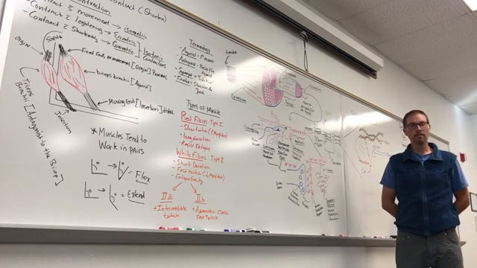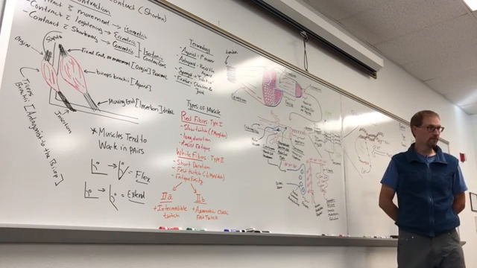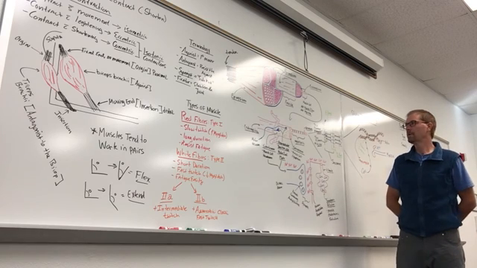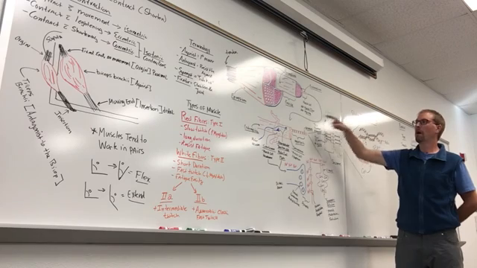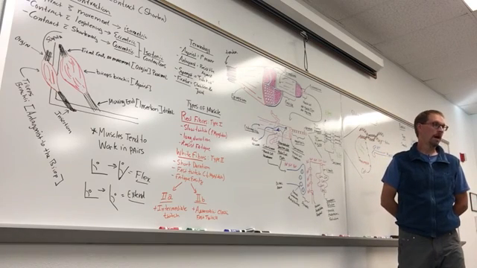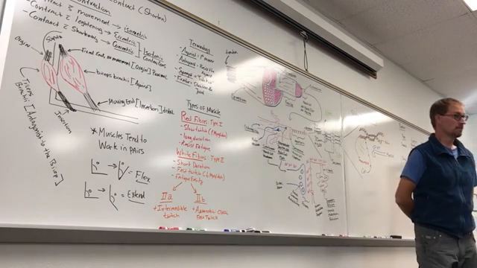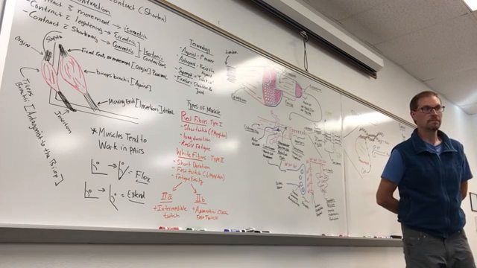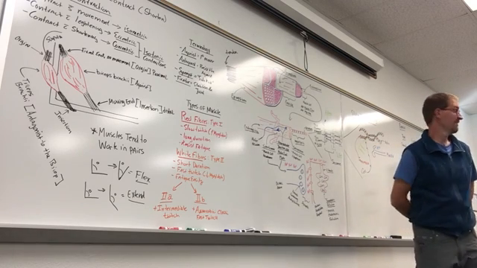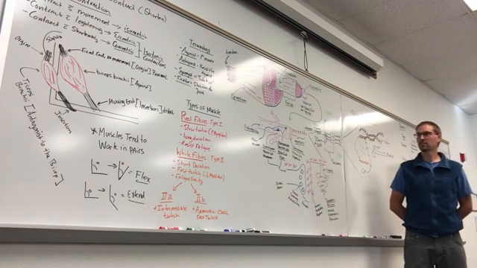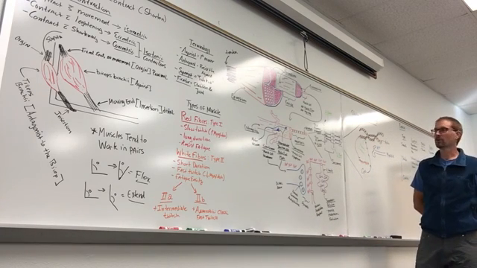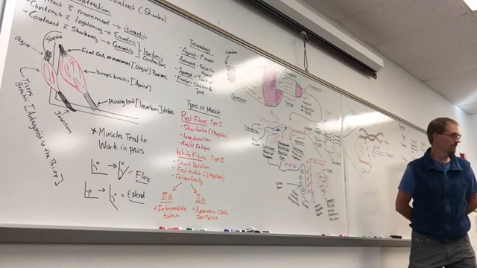Another name for a muscle cell is a muscle fiber, right? Remember talking about that in lab? Yet another name that may be used is myocyte. Myo means muscle, cyte means cell, right? Does that make sense? All right. You could see any of these on a test: muscle cell, muscle fiber, or myocyte. They all mean the same thing.